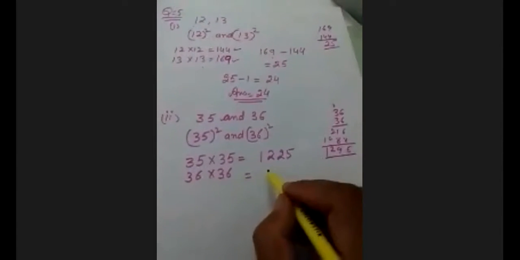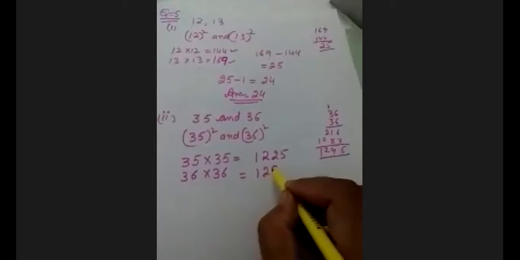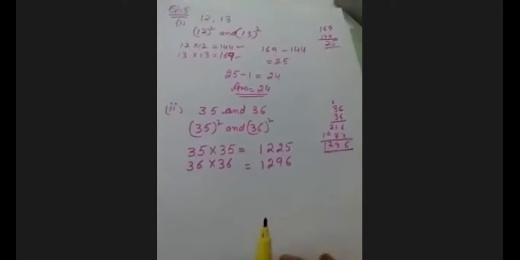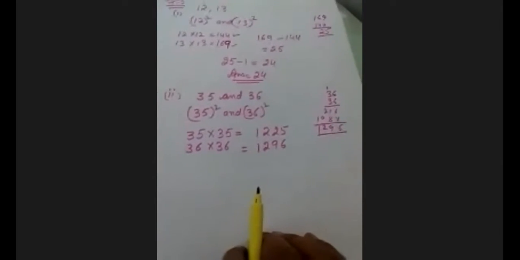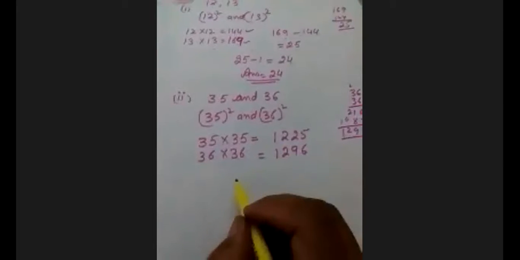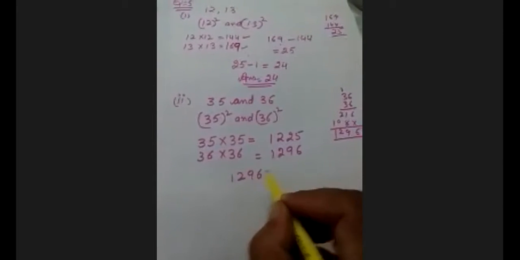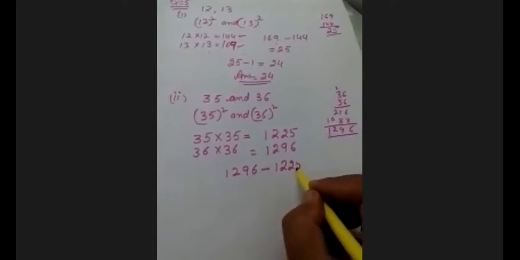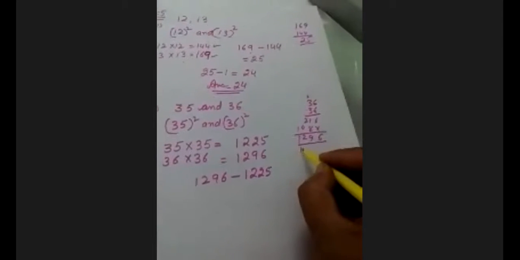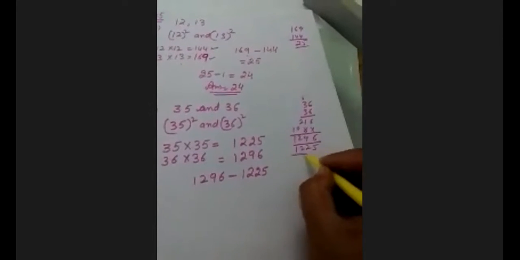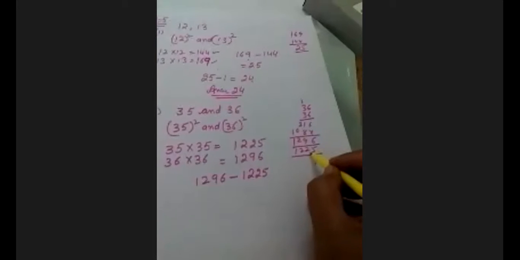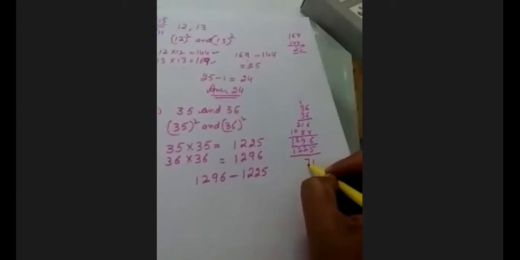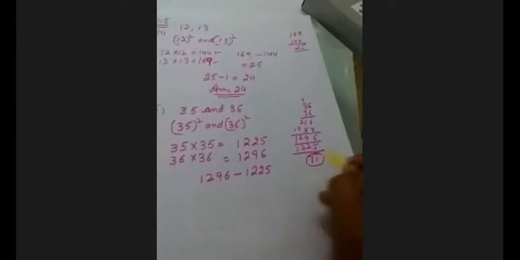1296. Now find the difference. 1296 minus 1225. The difference is 71.